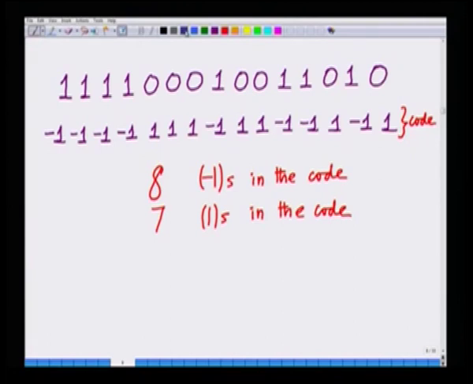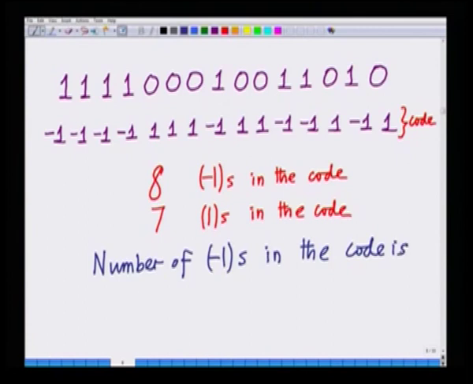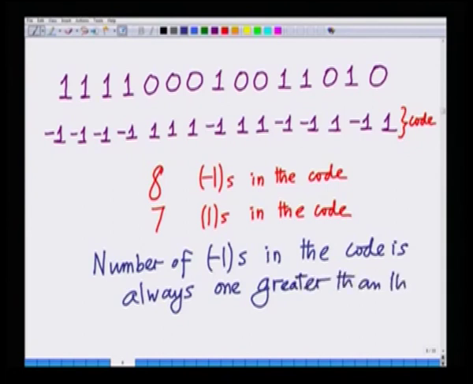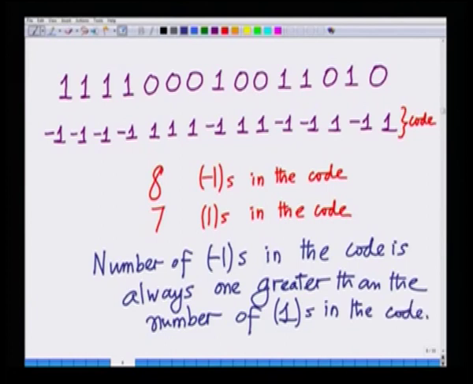So, let me write the property: the number of minus 1s in the code is always 1 greater than the number of 1s in the code.